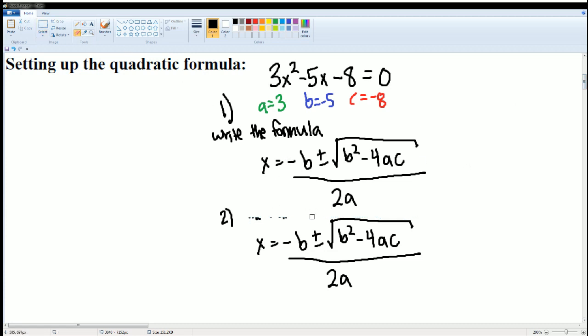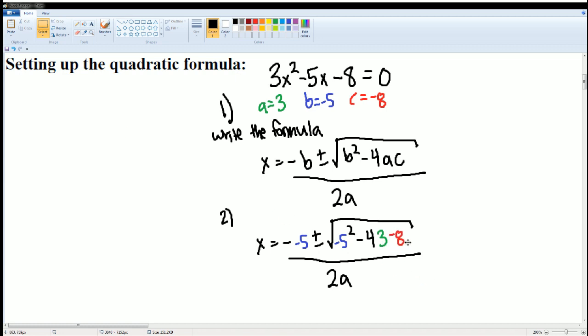Do you see this is -b? -b was this, -5. Then B here was also -5. This was also -5. A was 3. And C was what value? -8.